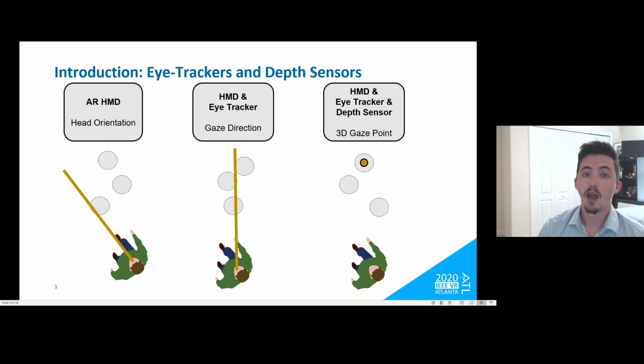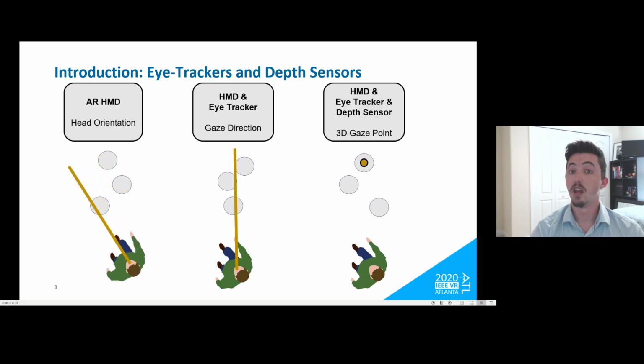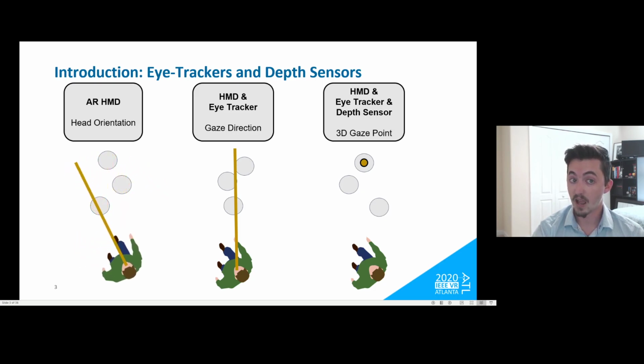So as we introduce eye trackers and depth sensors, we regain some of the information about where our collaborators are looking. For instance, with just the AR HMD alone, the only information we have is head orientation. So we just have the head direction of where they're looking, and we don't know exactly what they're looking at.